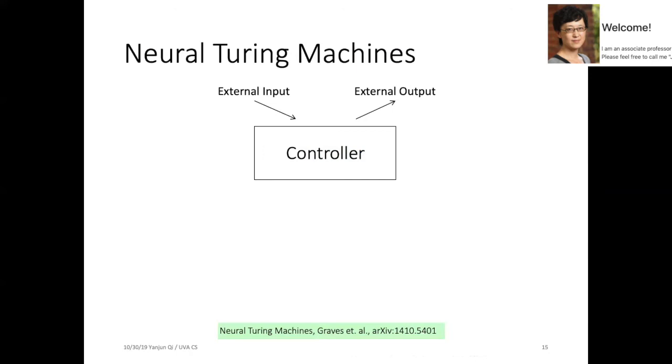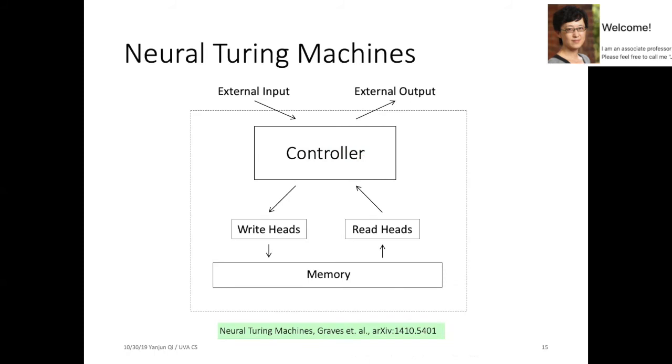A very classic model that can do this is called the neural Turing machine. There's a controller module, there's also a memory module, and then there's a writing and reading head design. Feel free to check this out. There are much more advanced versions too.